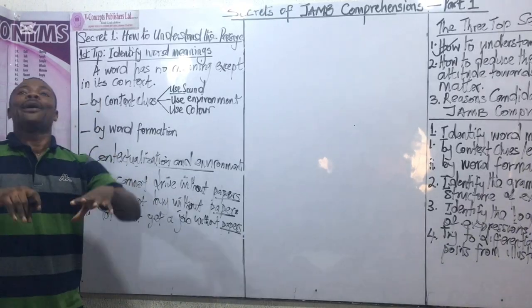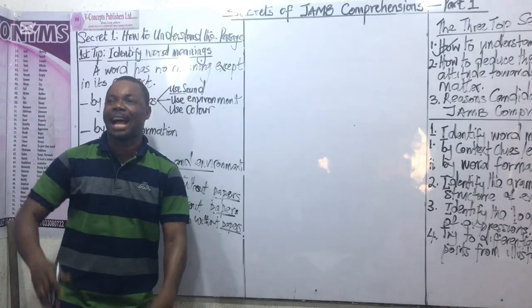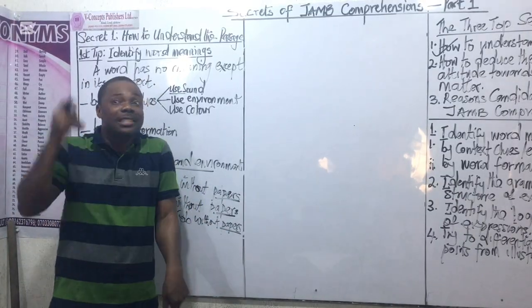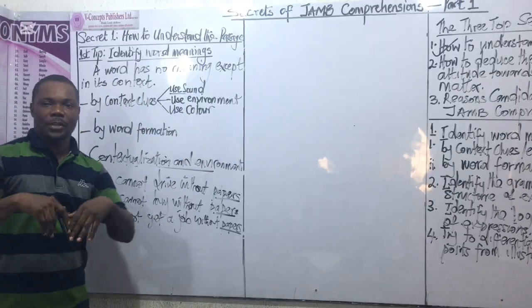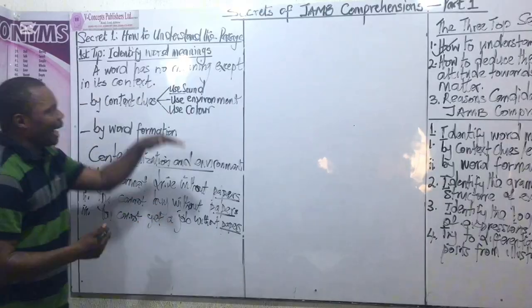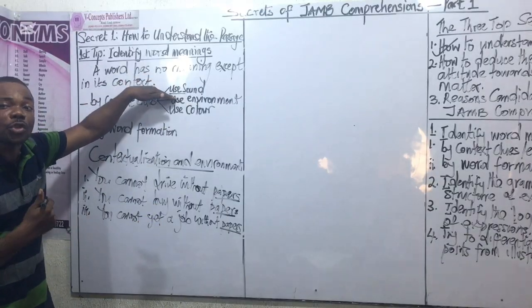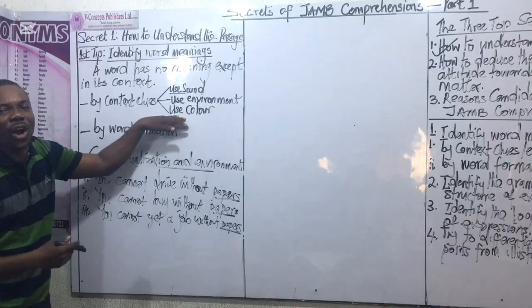Oh, the crowd was clamoring outside so loudly that I could not concentrate in the hall. Definitely, that clamoring is going to mean something that has to do with disturbance, noise making, quarreling. So that is the use of sound to understand the meaning of an expression.